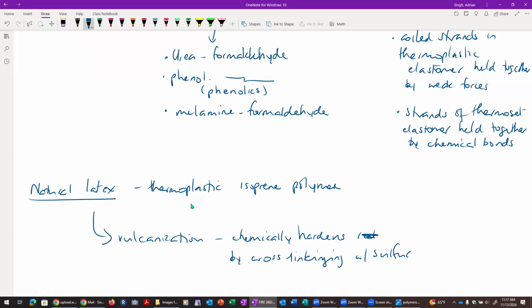As a result, for example, when you burn vulcanized rubber, you get a bunch of oxides of sulfur being produced that you wouldn't get if you didn't have that sulfur present. So the different things that are added, in this case the sulfur as a cross-link, do impart some properties to the substance, but it also affects what happens to it when it burns, right?